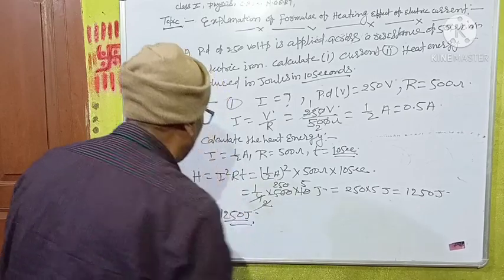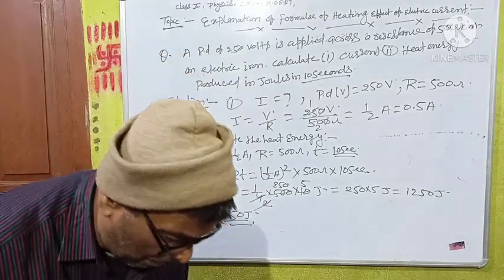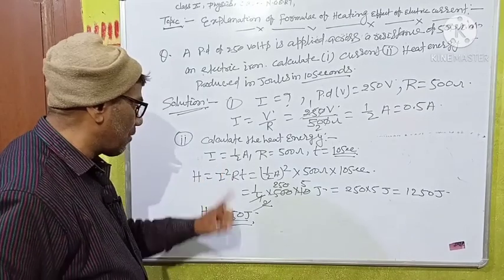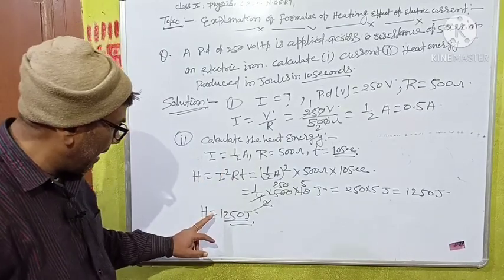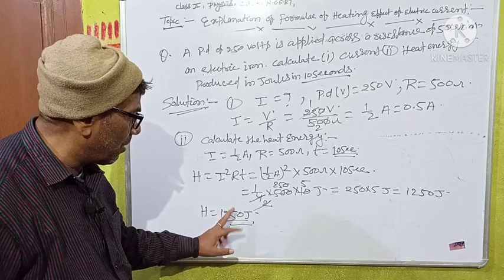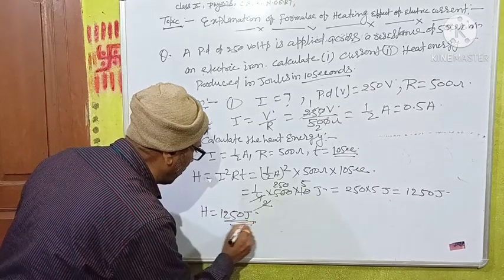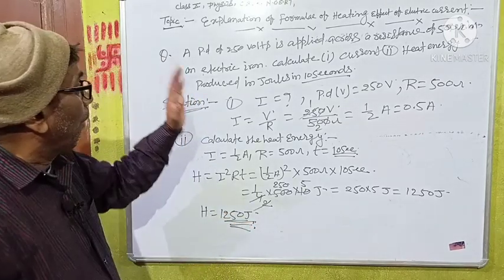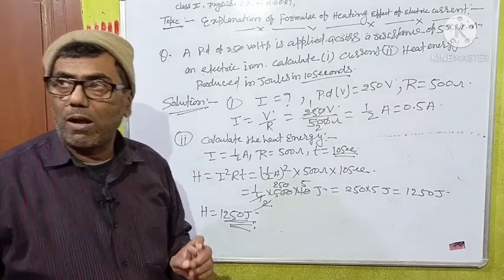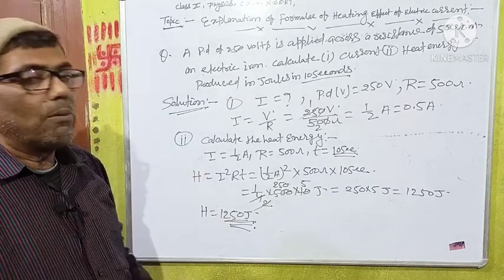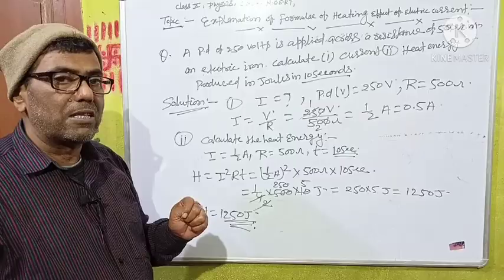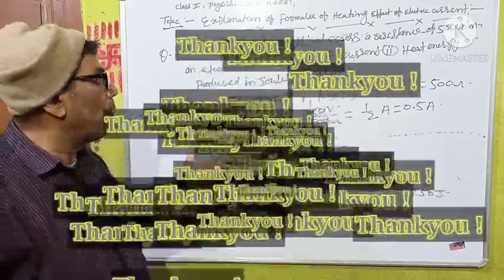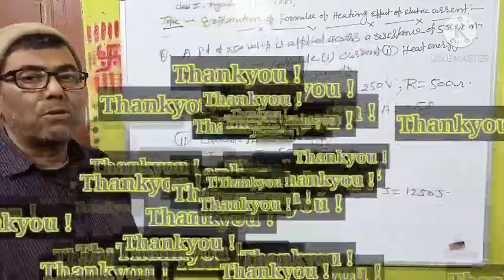So we can use the formula H is equal to I squared RT, and we get heat energy equal to 1250 joules. So we can use these formulas in the solution of numericals, and improve on our own. Thank you.